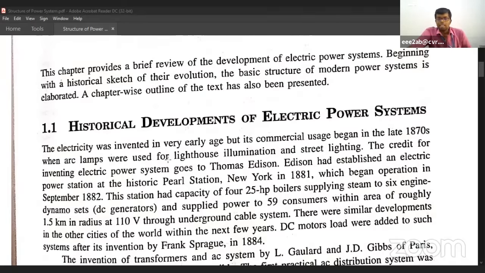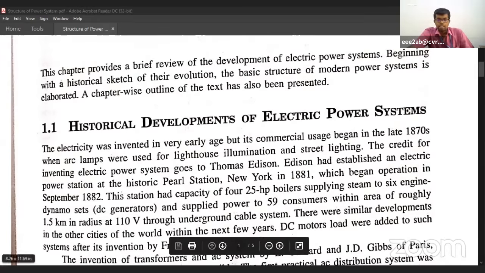This station had a capacity of 25 HP boilers supplying steam to 6 electric dynamo sets, that is DC generators. Only DC supply was being supplied, to 59 customers.